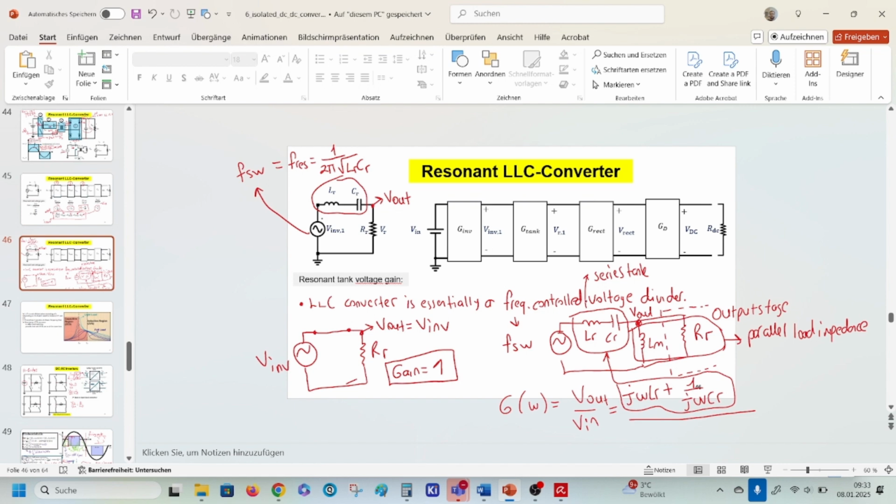And this is just paralleling reflected resistance and magnetizing inductance.